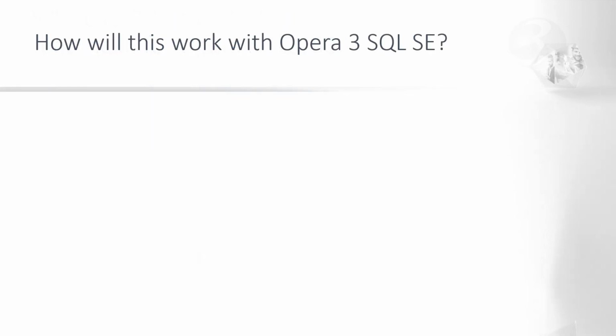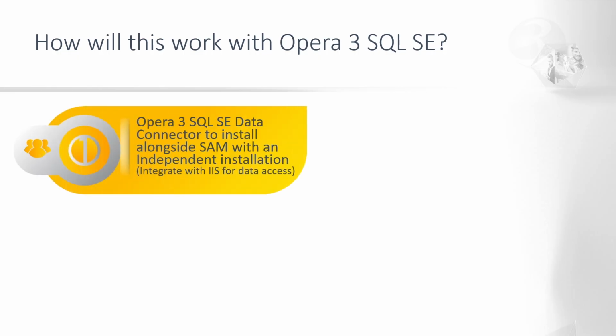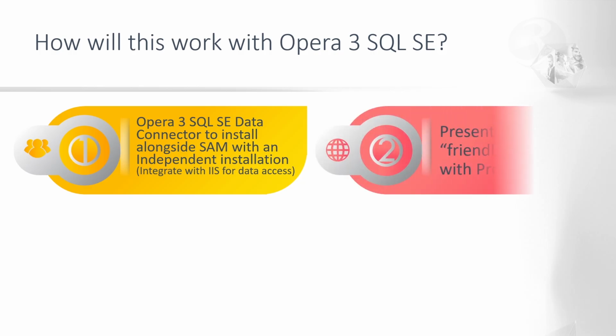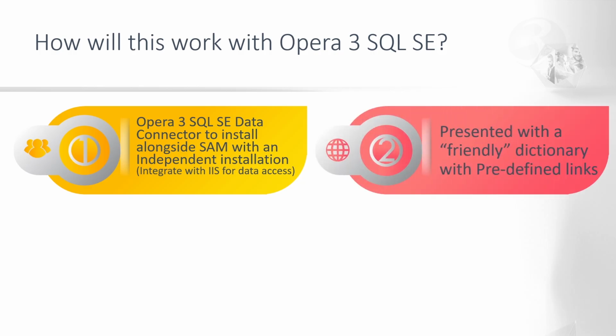Okay, how will that actually work with Opera 3 SQL SE? Well, firstly, the Opera 3 SQL SE data connector will be installed alongside SAM and will be integrated with IIS for that excellent data integration and access. It will be presented with a friendly dictionary, including some predefined links.